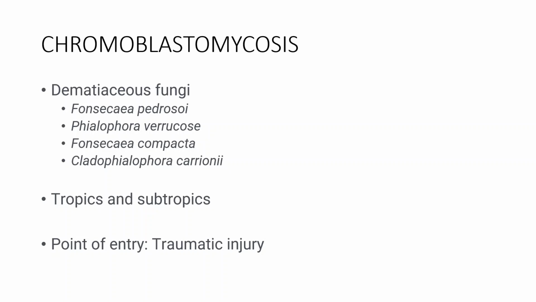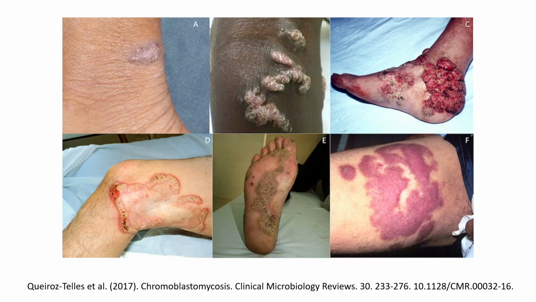This infection is more common in the tropics and subtropics, and the point of entry is usually a traumatic injury. It is more common among agricultural workers, which may be an indicative clinical history in these cases. As you can see, the gross appearance of this lesion can vary from a plaque-like lesion to a cauliflower growth which appears like a squamous cell carcinoma.